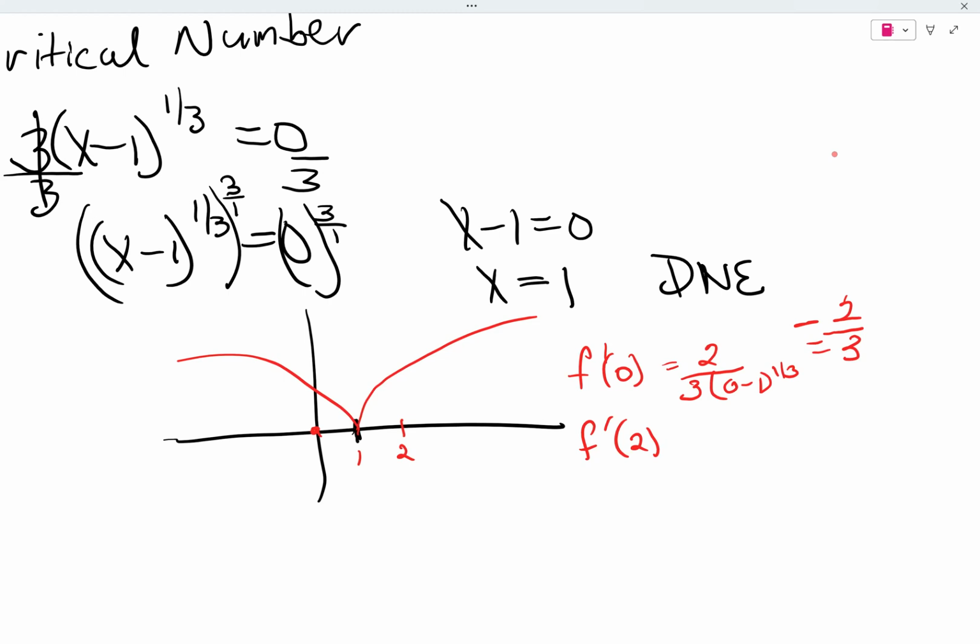And that is a value you want to take to heart. Same thing here, you're going to use f of 2, so this will be 2 over 3 times (2 minus 1) raised to the 1/3, and this value results in positive 2/3.